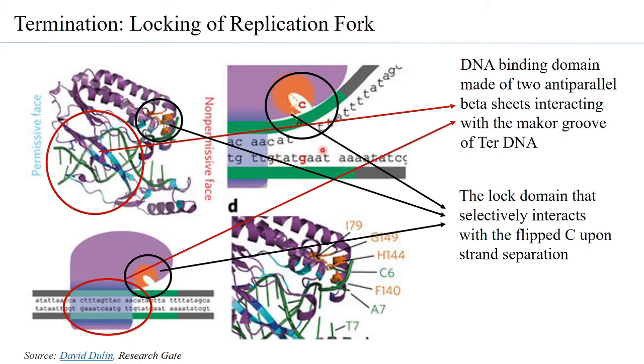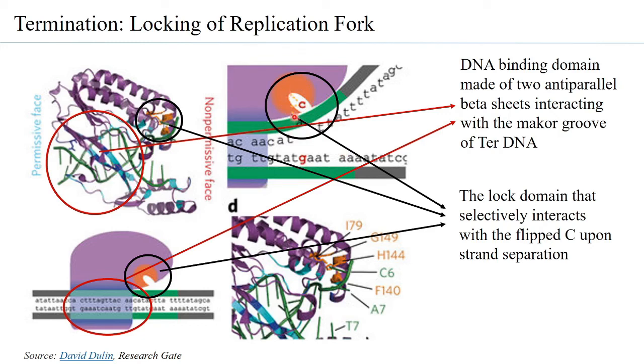So the suggestion here is very clear, and this was found by the association and dissociation study of the Ter-Tus complex: when unwinding of DNA happens and the GC base pairing is removed, the C flips out, and on flipping out, it enters the pocket present in the Tus protein.